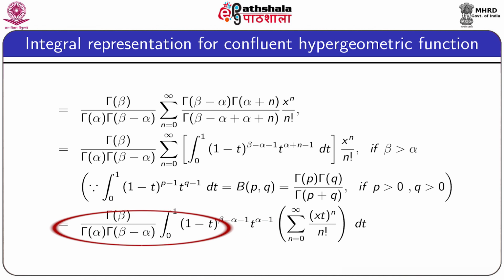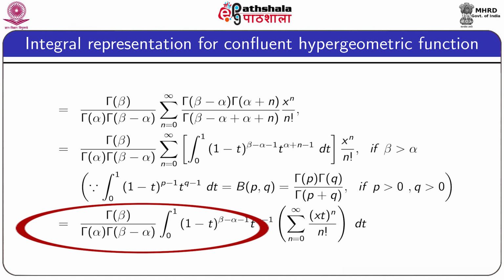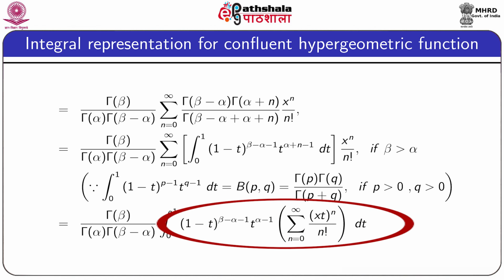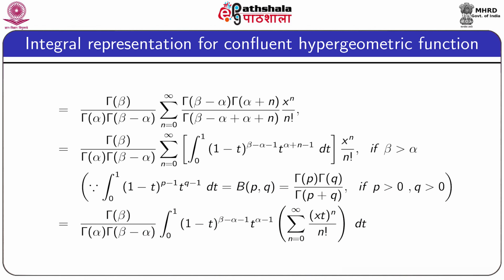gamma beta divided by gamma alpha gamma of beta minus alpha, integral from 0 to 1 of (1 minus t) to the power beta minus alpha minus 1, t to the power alpha minus 1, summation n equal to 0 to infinity (x t) to the power n divided by n factorial dt.